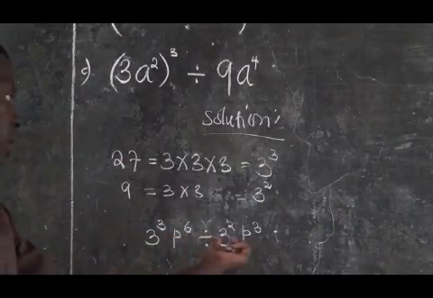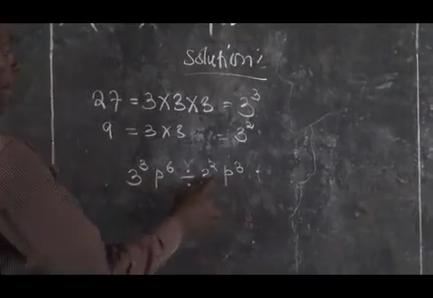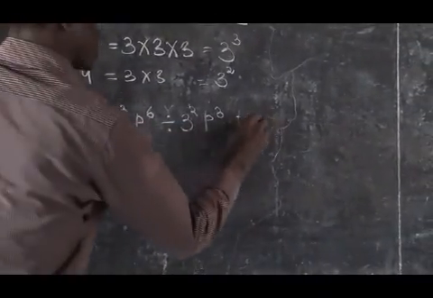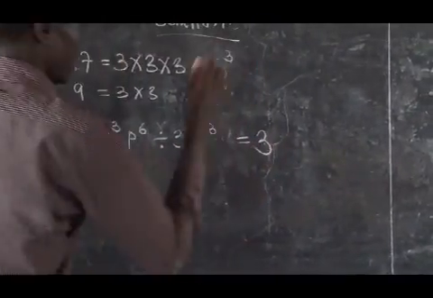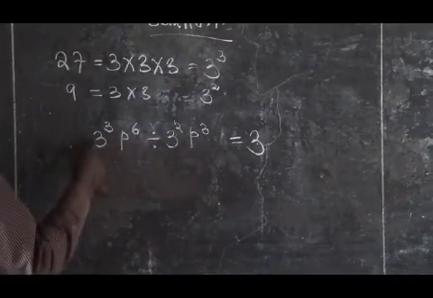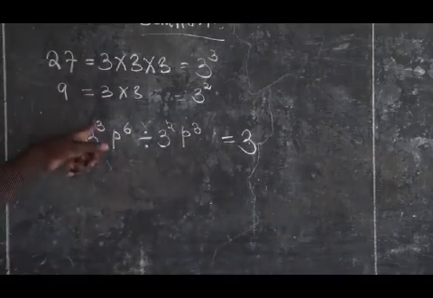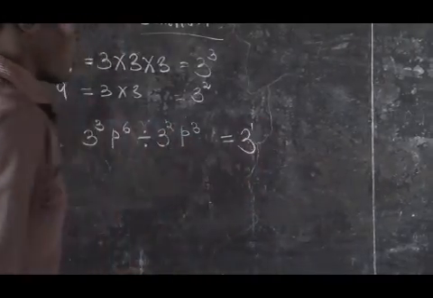Now here we have this and this. These ones are like real bases. 3 and 3, they are bases. So what are we going to do? We first maintain the bases. For these numbers, we are going to maintain the base because it's division between them. So we maintain the base as 3 and we subtract the powers. So we're going to subtract 3 minus 2, which is going to give us 1.